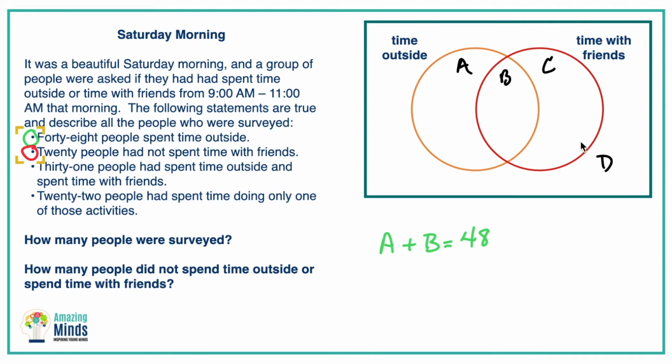Well, if those people are inside this circle, then it would be anyone who's outside, which would include A, but it would also include D. So I can write A plus D equals 20. I'm going to give myself some space above because eventually I'll go back and write some numbers and determine those values. Okay, let's look at the next one.